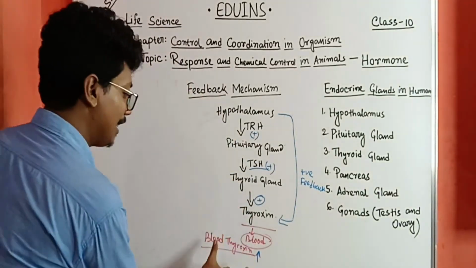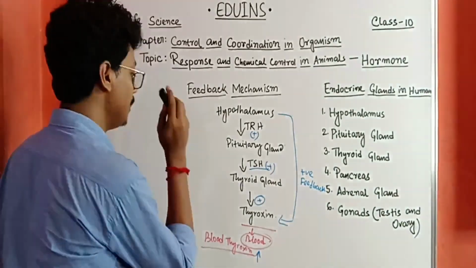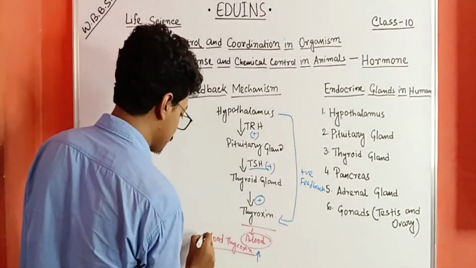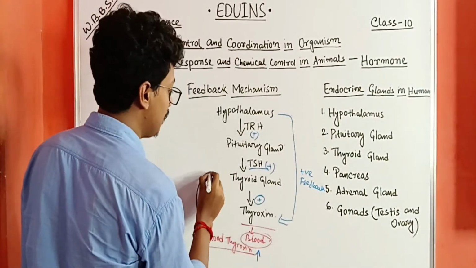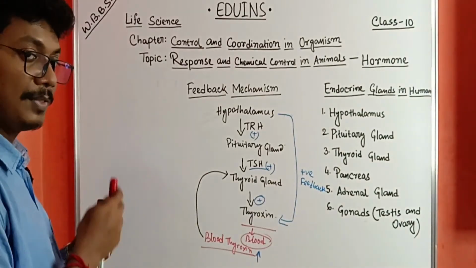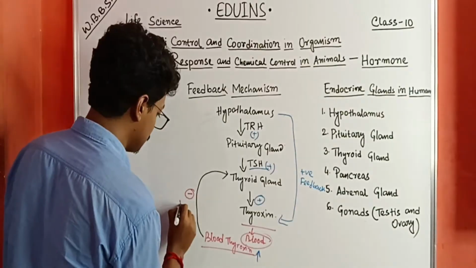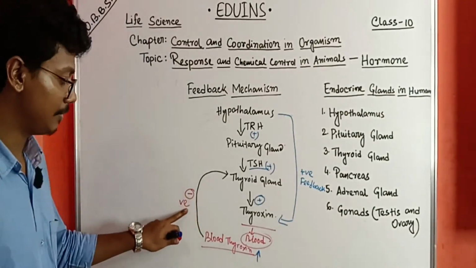So when the blood thyroxine level increases, this will send a message to the thyroid gland to stop the secretion of thyroxine. This is one negative feedback.